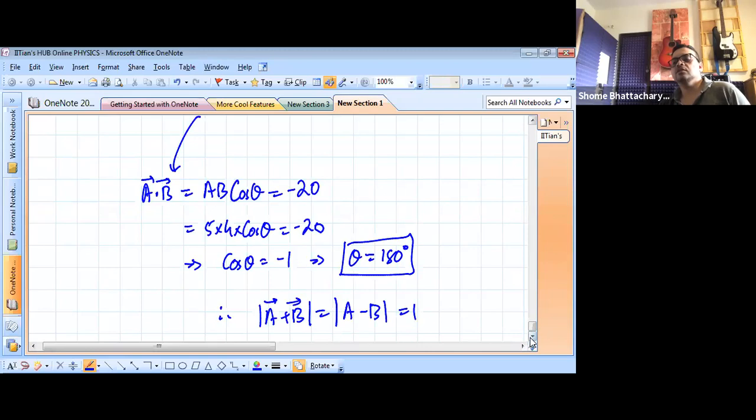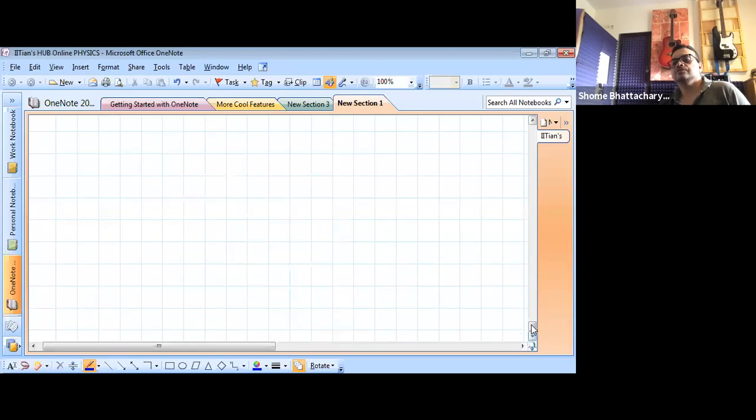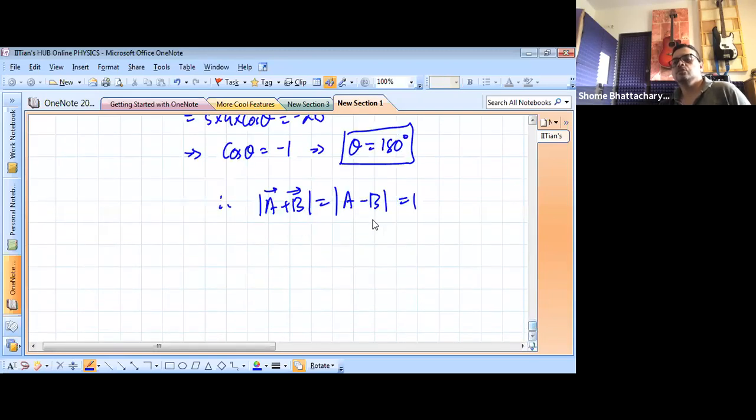Or you can use triangle law. You don't need to remember directly that whenever theta is 180 this happens. Just use the formula.